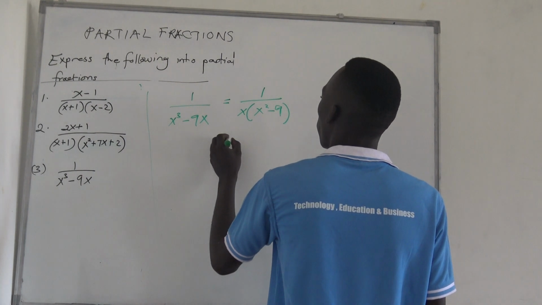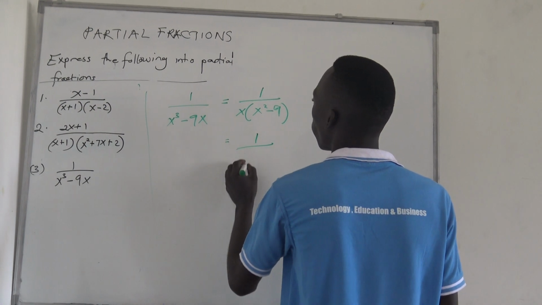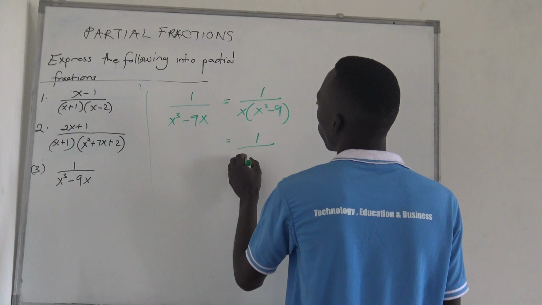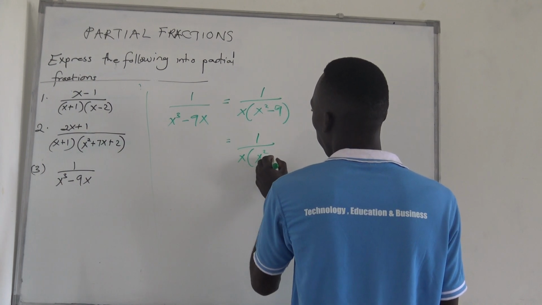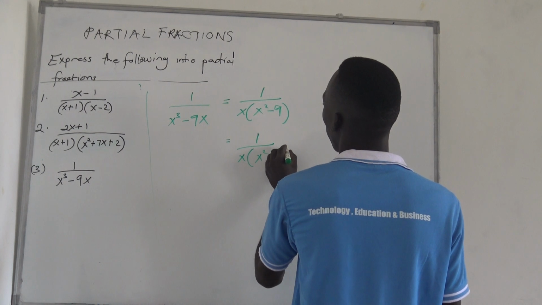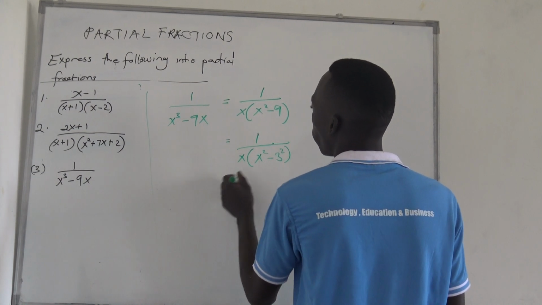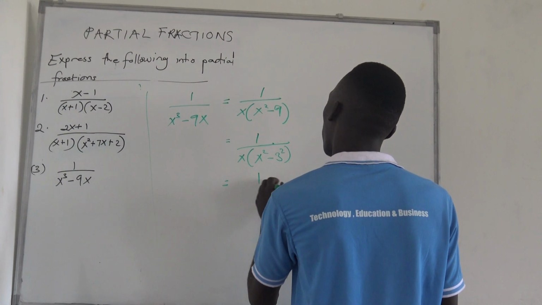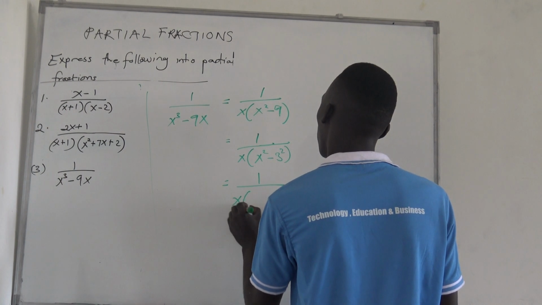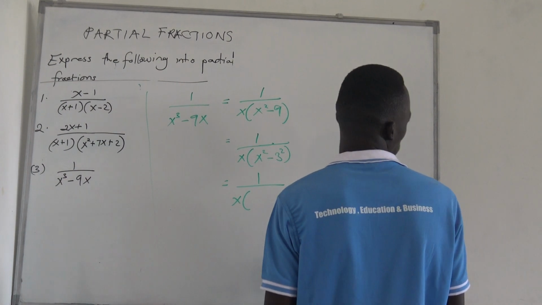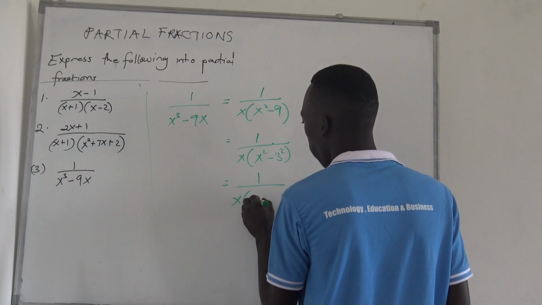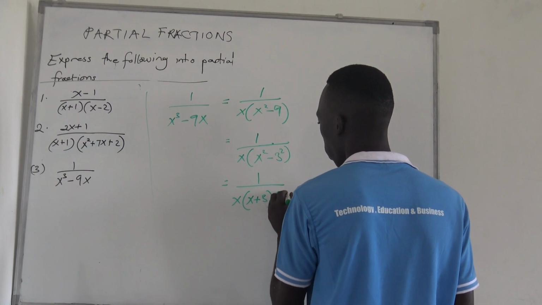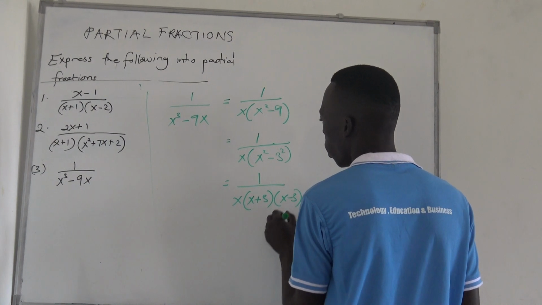So for that case, this one gives us 1 over x times x squared, and the square of 9, which is 3 squared. This one also is the difference of two squares, which gives us x plus 3 and x minus 3.